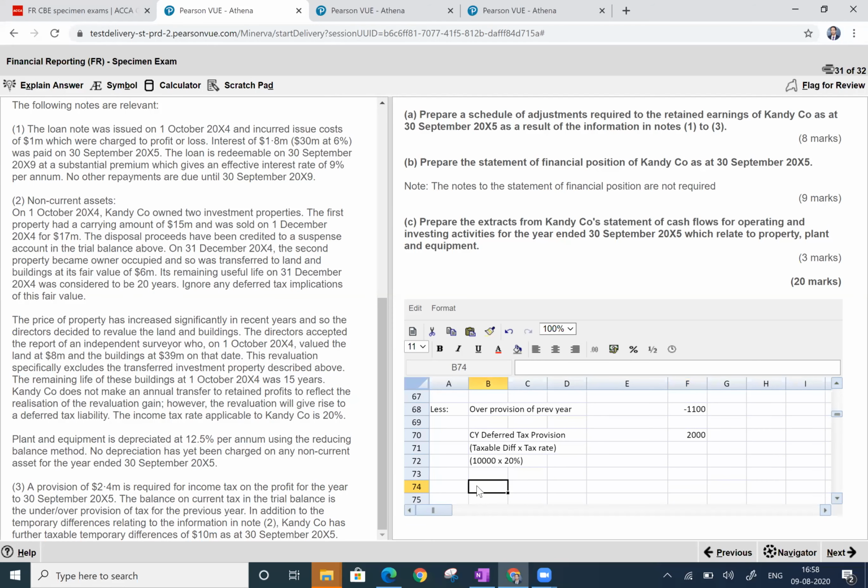Then add under provision of previous year related to deferred tax, less over provision of previous year related to deferred tax.